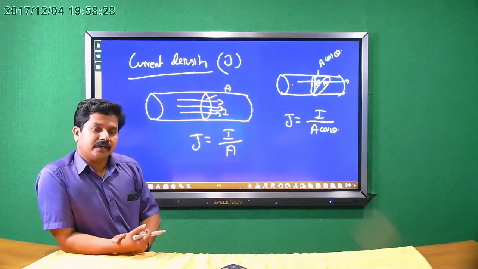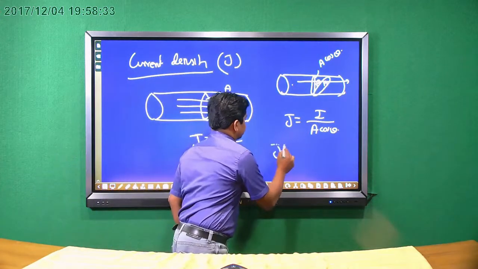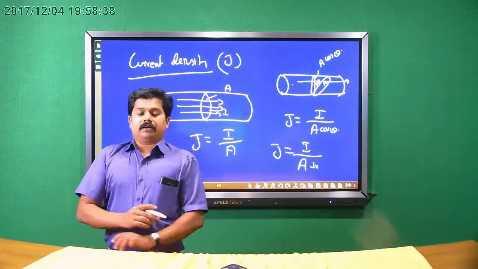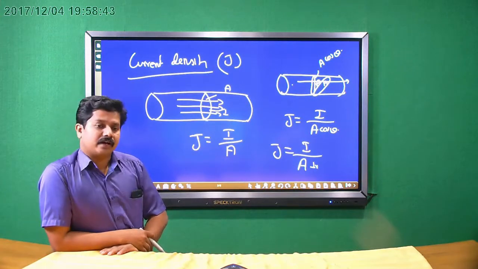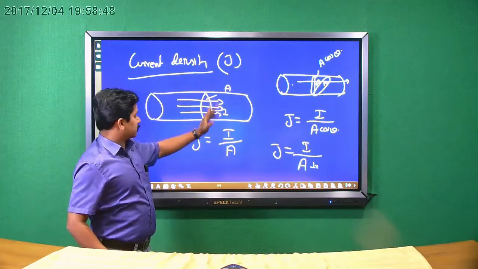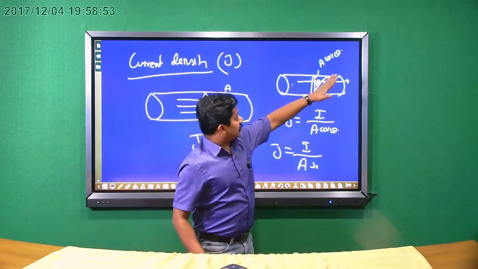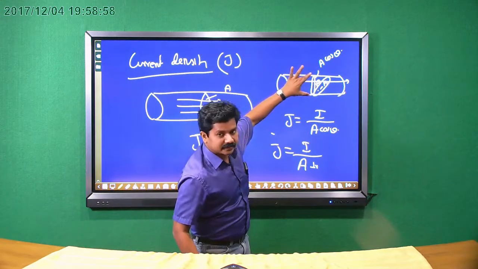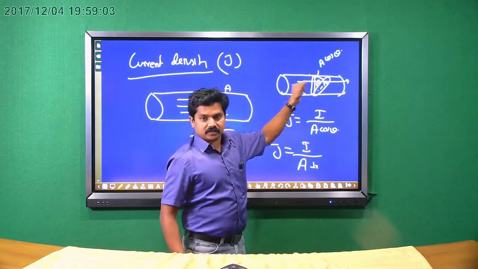The current per unit area in a direction perpendicular to the current flow, or we can say J equals I by A perpendicular. Here this current is already perpendicular to the cross-section area, so we write J equals I by A. And in this case we took an area inclined at an angle theta, so the cross-sectional area will be A cos theta.